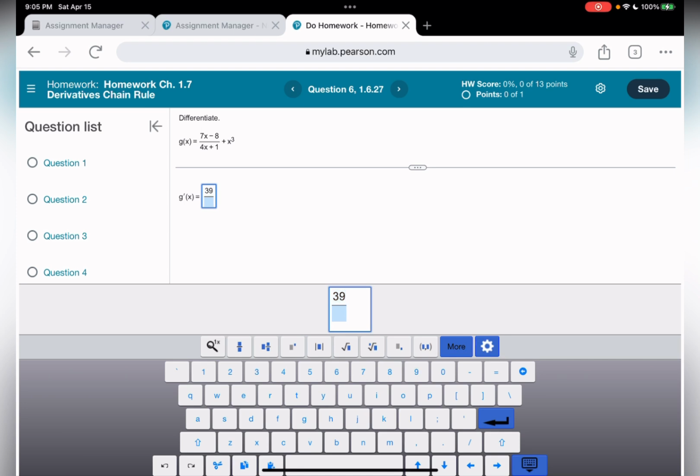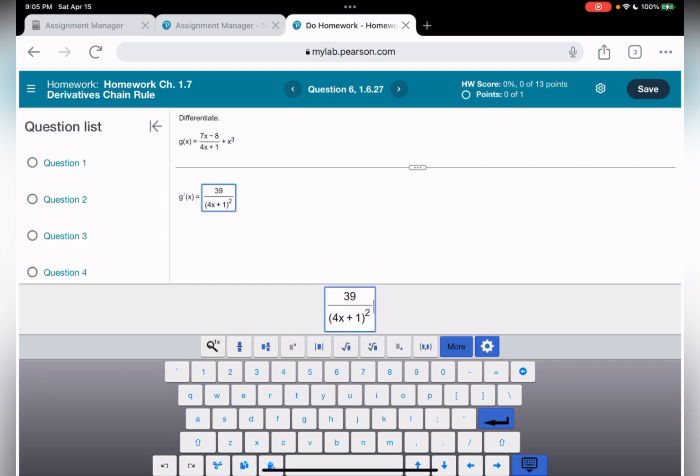At the bottom I will have parentheses 4x plus 1, close parenthesis and to power 2.